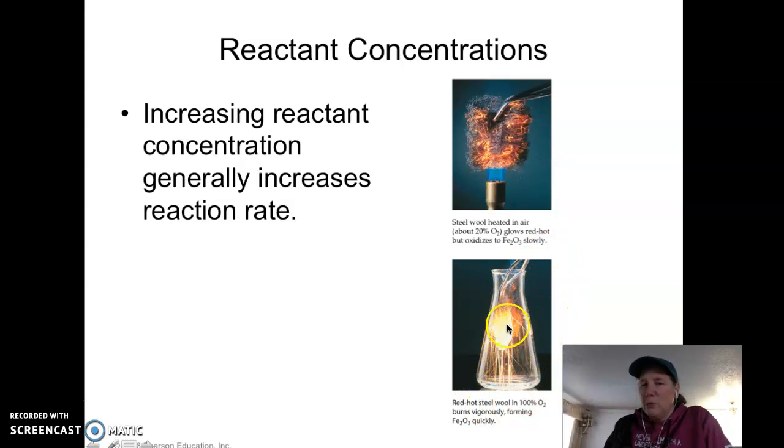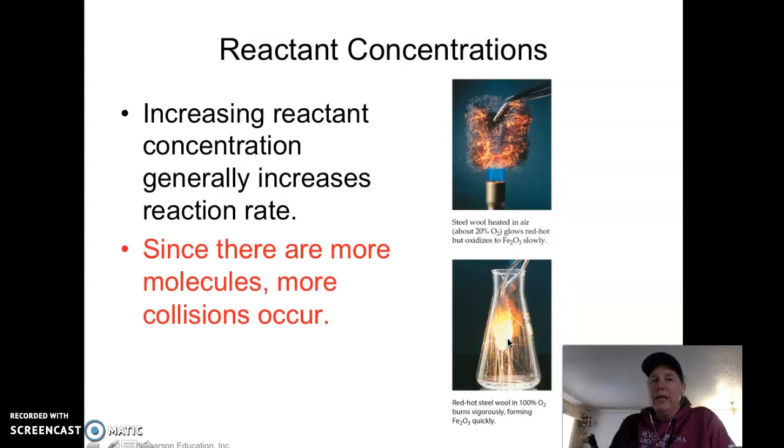So we're adding much more oxygen. It burns a lot cleaner and a lot faster, because in air you're going to have to hold it in there, and when you're done, you're still going to have some steel wool that's kind of charred. Here you're just going to burn it right up. Okay, and the reason for that is because you have more molecules, more collisions, and the more you overcome those intermolecular forces, the faster the reaction occurs.